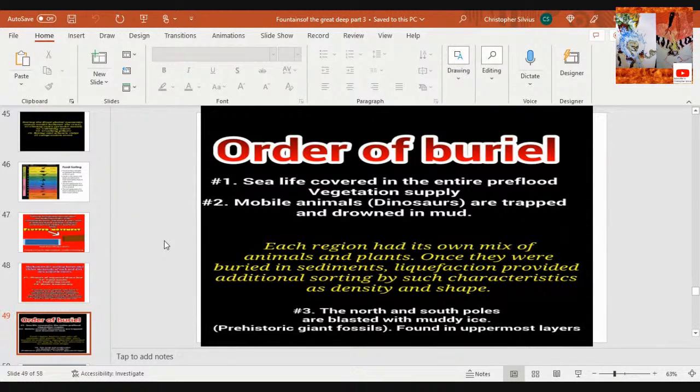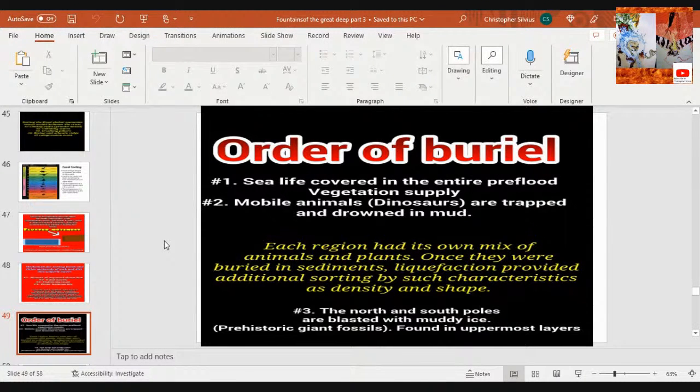The order of burial would be sea life, covered in the entire pre-flood vegetation supply. That would be what is above the sea life, because the sea life is going to go first because it's on the bottom. So the dirt and the rock, the water is going to start eroding the pre-flood mountains during that first 40 days and 40 nights.